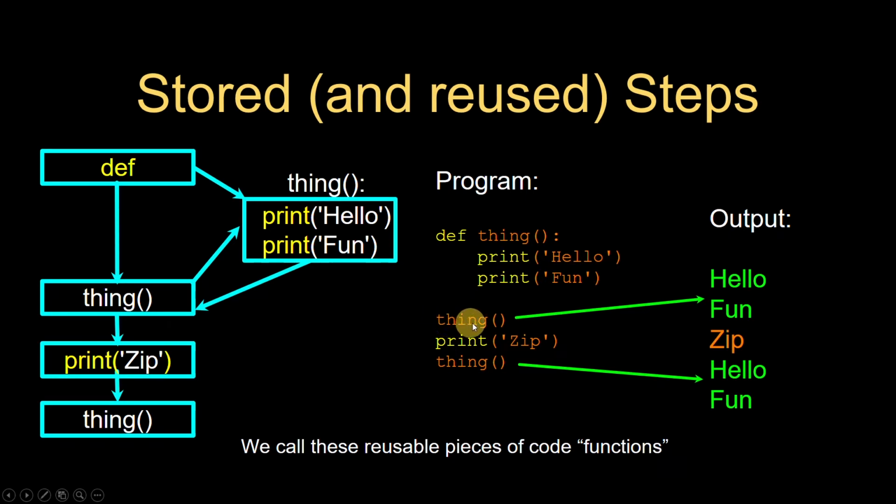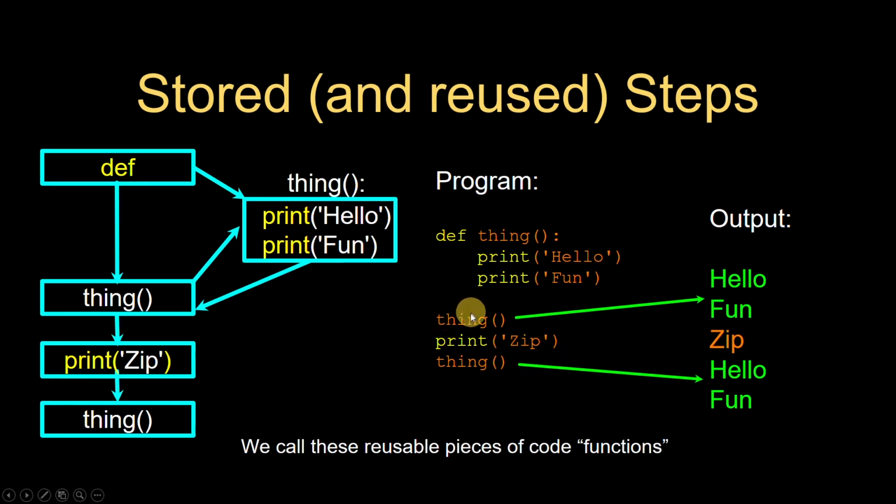So when you use this thing function, what happens? The program execution point goes to the thing function definition, executes all the statements, and after finishing that execution of all the statements in the function, it comes back to the function call place.